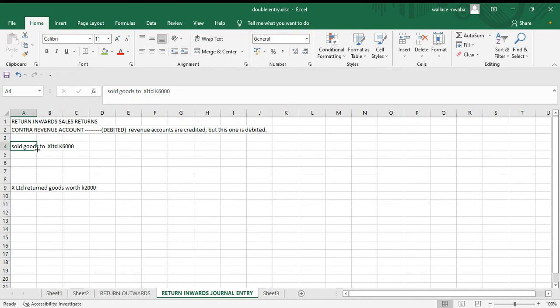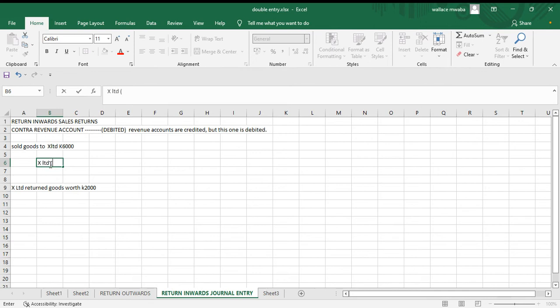Now we categorize them. Receivable is an asset, and an increase in an asset is debited. So we debit X Limited, our receivable.